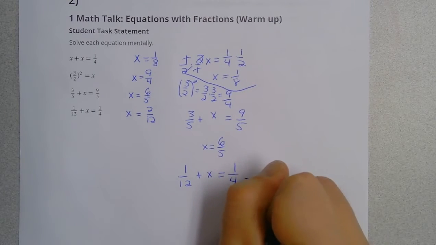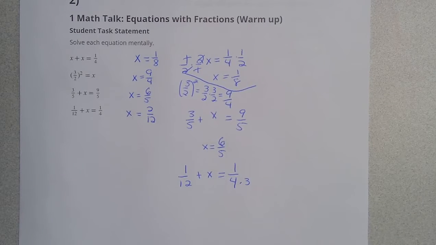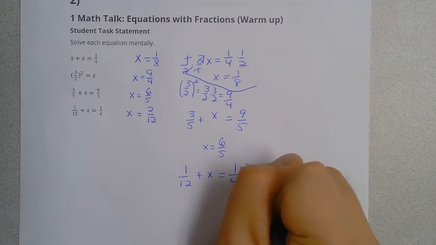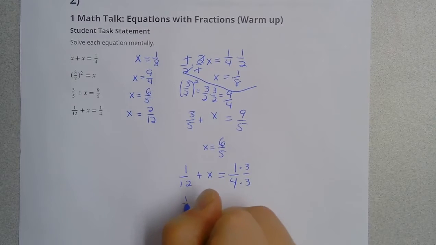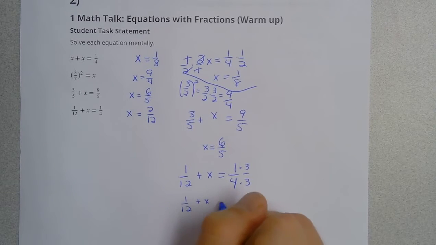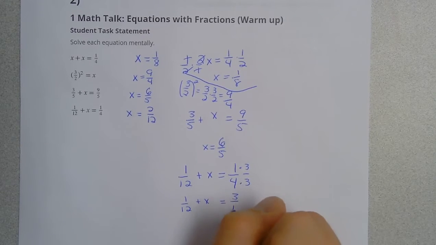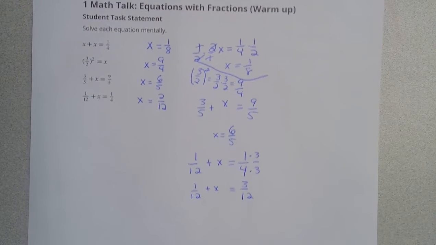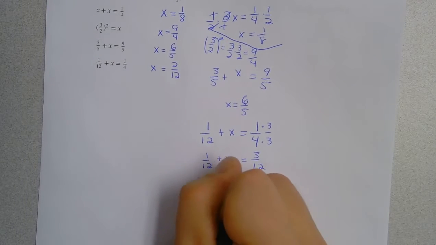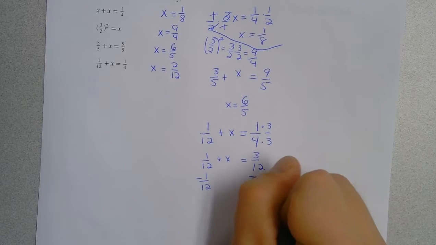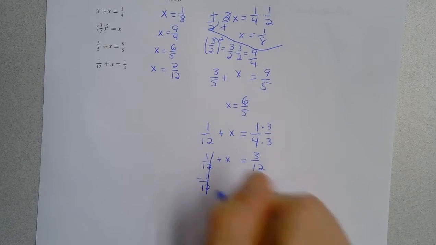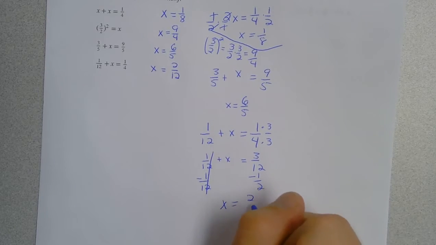If I multiply the denominator by 3, to not change the fraction, I have to multiply the numerator by 3. So we have 1/12 plus x equals 3/12. Then in my head, I subtract 1/12 from both sides.